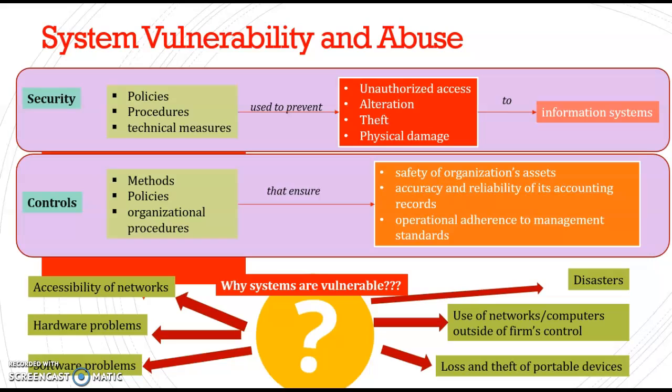So this is open to the public, and maybe they can access your data. And lastly, loss and theft of portable devices. Like I said before, maybe your mouse or keyboard goes missing, or the speaker of the desktop. So this is what happens, and this is why we call systems vulnerable.